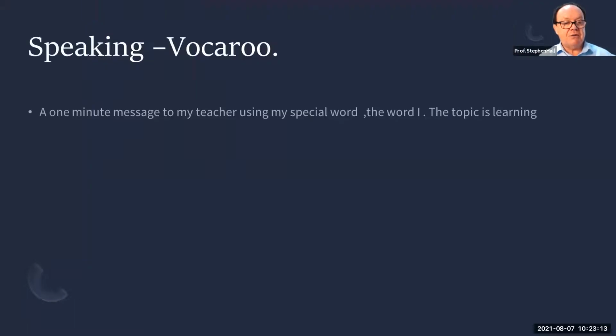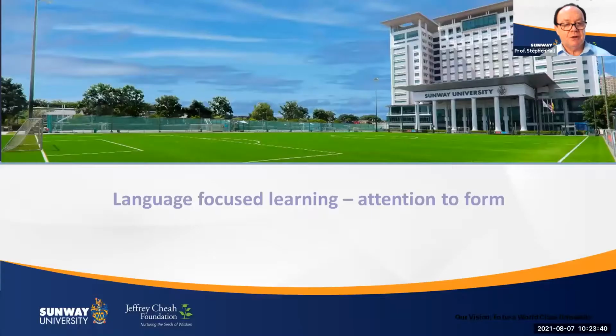So vocabulary is quite usefully developed if you can look at the spoken form as well. Remembering that memory traces for vocab, for some people, are stronger because they are audio people, and other people like the visuals, and other people prefer the spoken word. So don't forget the spoken word.